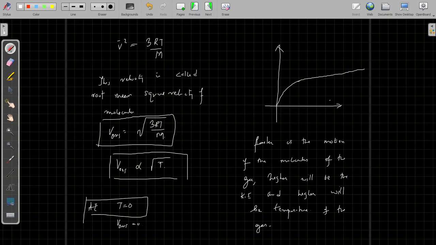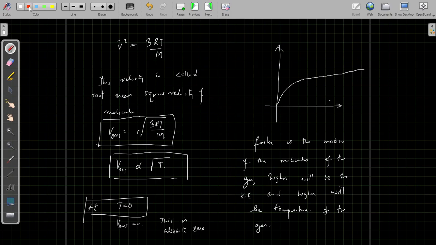Also note, at T equals 0, what do you think? Vrms is equal to 0. This is absolute 0. This is the definition of absolute 0, where the molecules are not at all moving, where the molecules' motion stops, we will call it absolute 0.